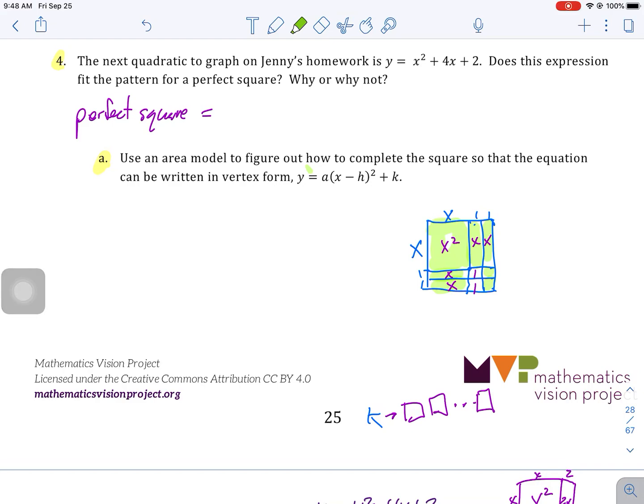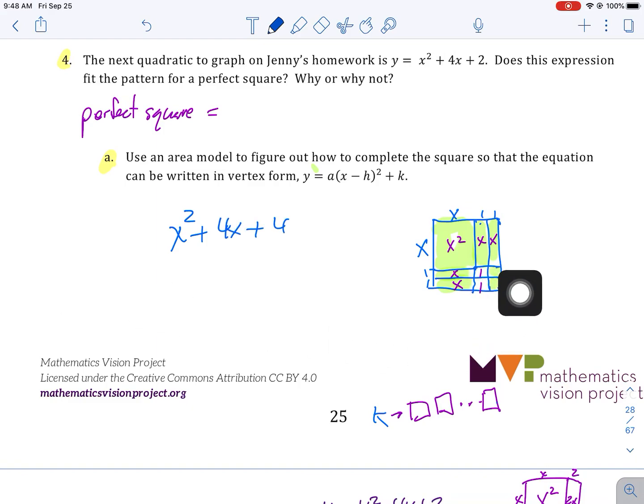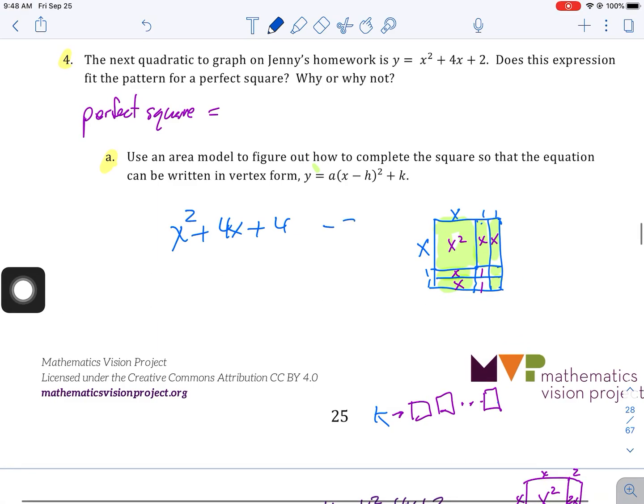So really, if it was a complete square, you would have x squared plus 4x plus 4, because you would add another 2 here to make this thing a square. Okay, but really, because we added 2, then we need to make sure we also subtract 2.